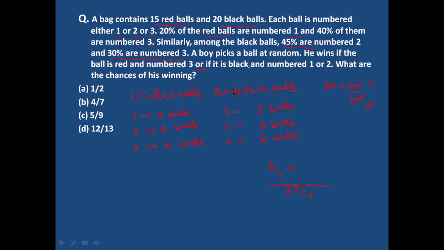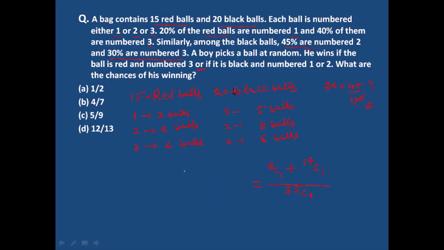Or, if it is black and numbered 1 or 2, then the total number of balls will be 14. Out of 14 balls, he will select 1, so the total number of ways will be 14C1.